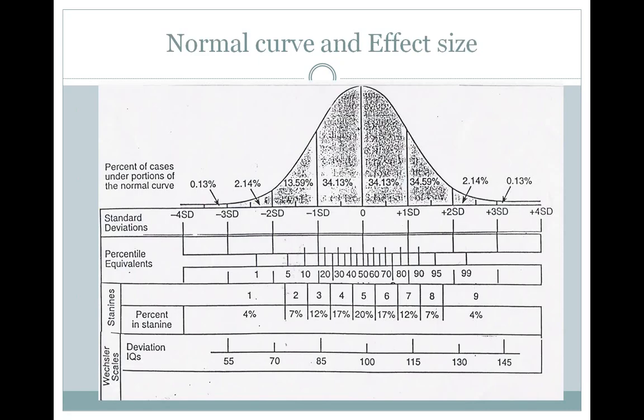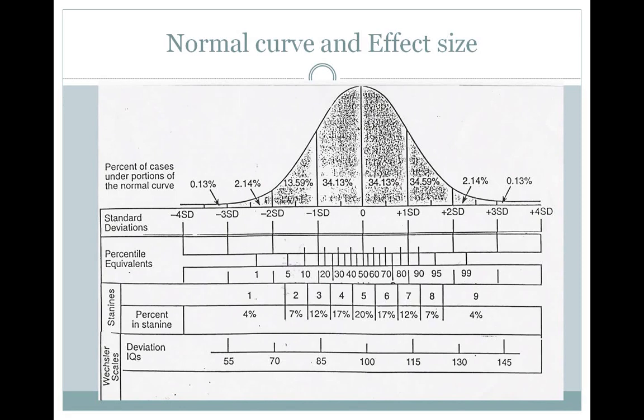Let me show you what that means in terms of the normal curve and the effect size. An effect size of 0.50 means that the treatment group is on average a half a standard deviation, 0.50, greater than the control group.